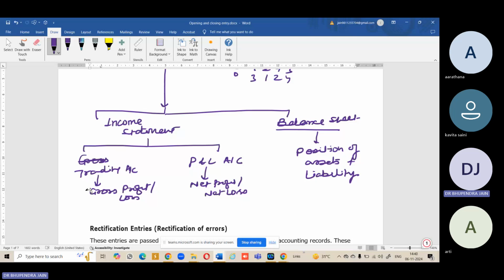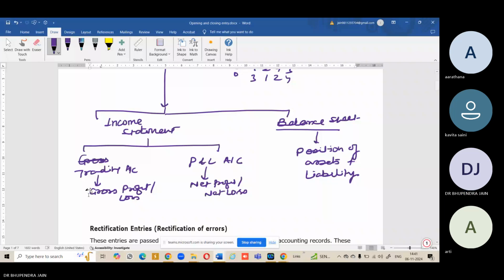But if they are not equal, then we have to find out the reason behind the imbalance of assets and liabilities. So we can rectify the mistake before preparation of trial balance, after preparation of trial balance, or at the time of preparation of financial statement. And the financial statement means income statement and balance sheet: trading account, profit and loss account, and balance sheet. I think you all know what trading account and profit and loss account are.